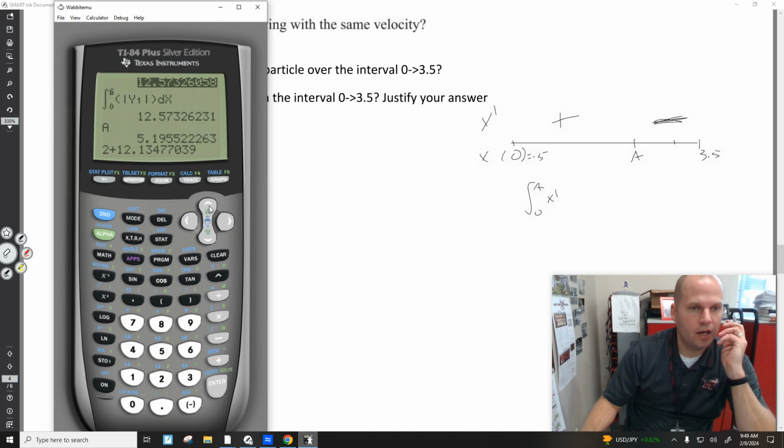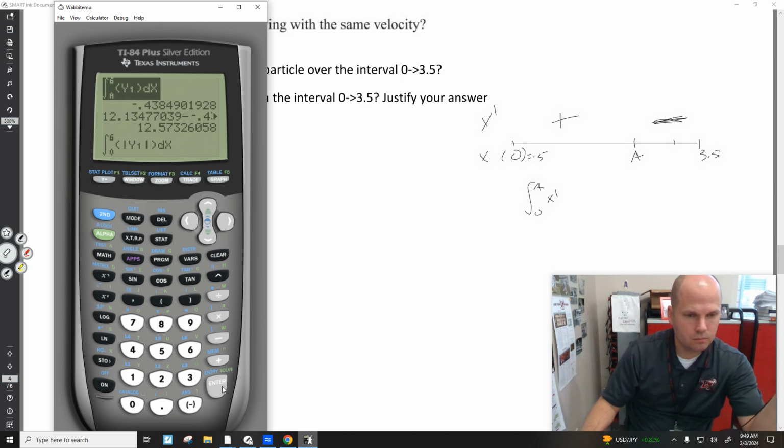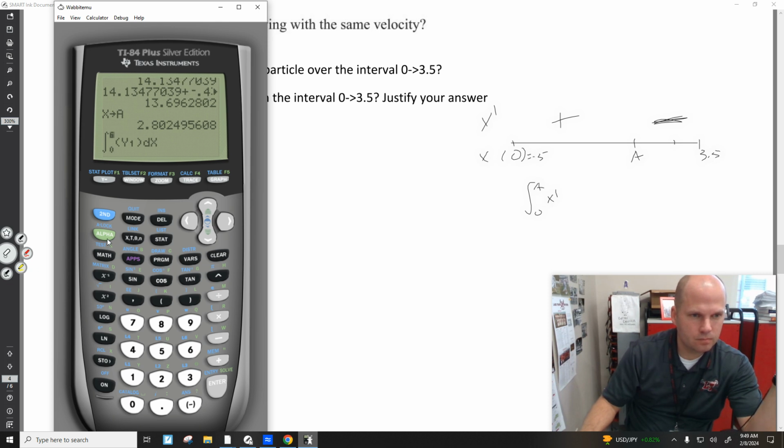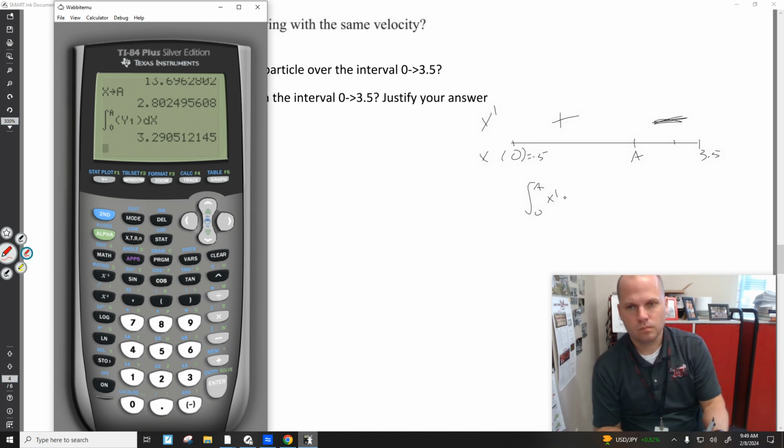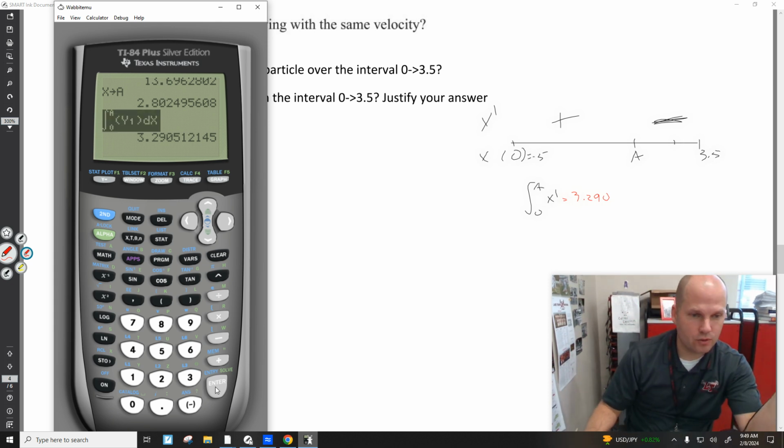If you did an integral from 0 to a and from a to 3, I'm just going to stop at 3. I'm not going to write this number down.